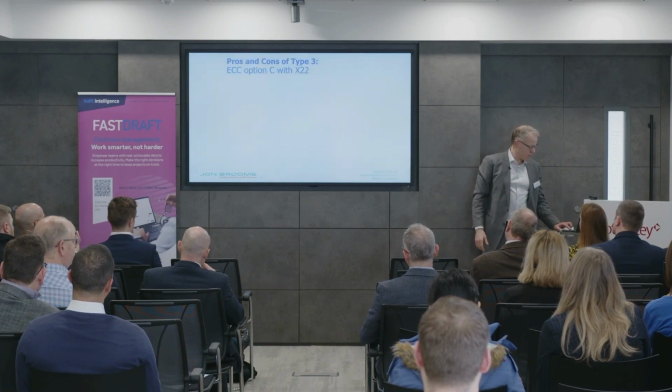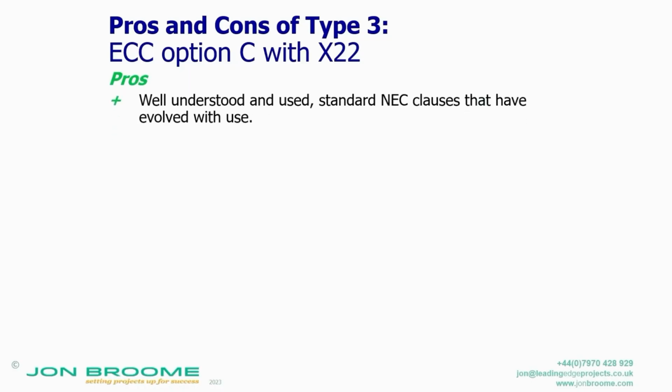So, what are the pros of it? Well, the pro of it is it's well understood and used. Standard clauses have evolved with use. I was talking to Barry, and if you take into account the consultative version published in 2005, we're on the 4th or 5th iteration of the early contractor involvement clauses. So they should be getting, notice my words, should be getting fairly close to well refined and honed and fit for purpose.